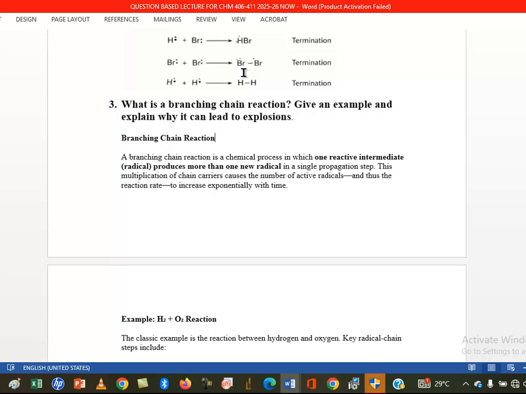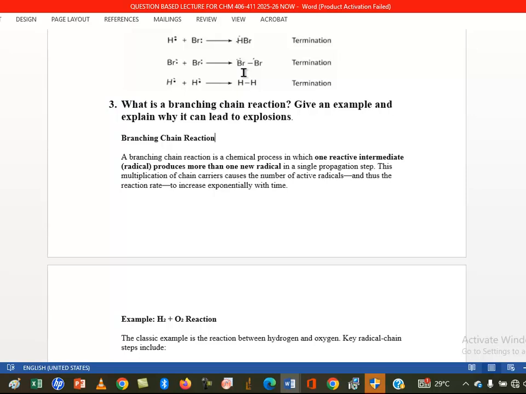If you want to put it in your own words, you can simply say that a branching chain reaction is a chemical process in which a radical produces more than one new radical in a single propagation step. As a result of the multiplication, or rapid increase in the number of active radicals, the reaction rate increases exponentially over time.